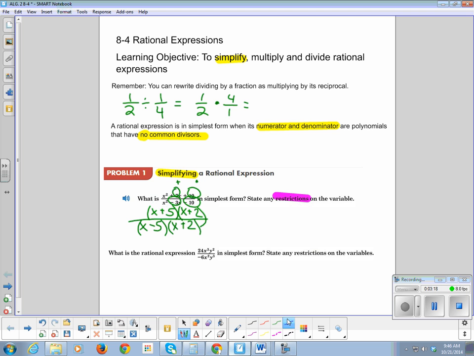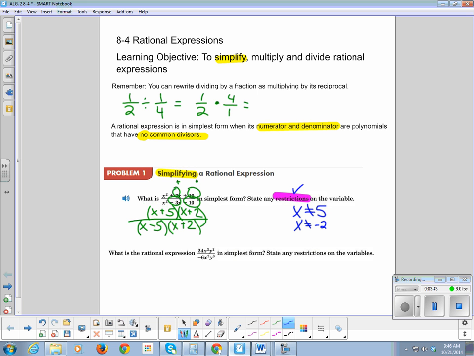So the restrictions on this, x cannot equal what? X can't equal 0? No, x can equal 0, because 0 minus 5 is -5 and 0 plus 2 is 2. So x can't equal 5 and x cannot equal -2. We've got to call it out. So our restrictions are taken care of.